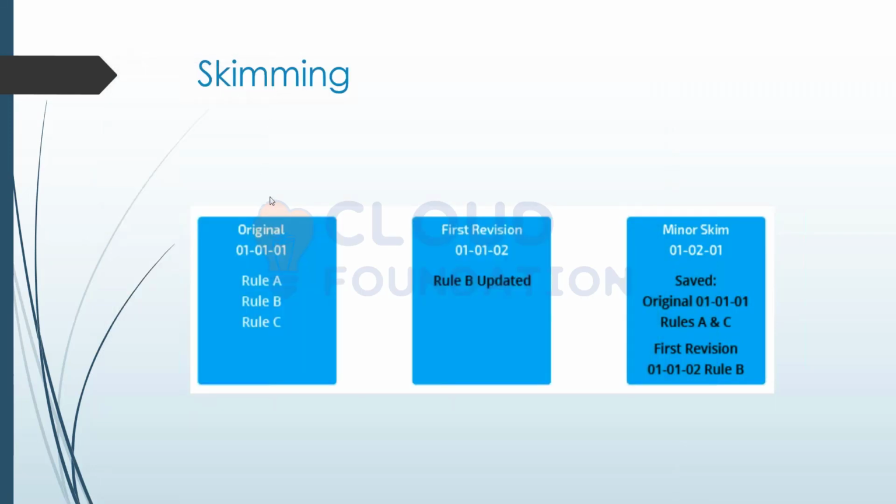This is an example of skimming, where initially in O1, three rules are there: A, B, and C. Under the first patch, O2, rule B is updated. Once you skim it, the system starts checking rule A. What is the highest version of rule A in all the available rule sets?